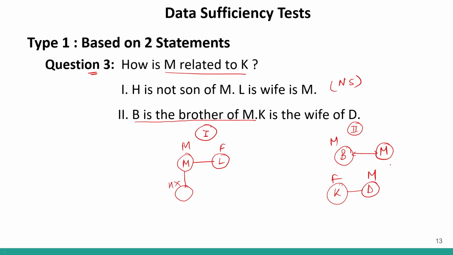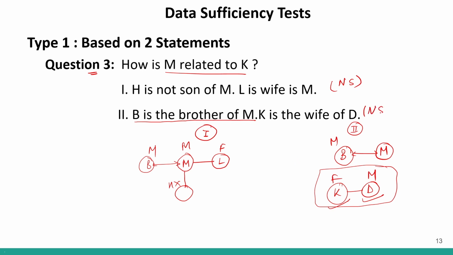K is the wife of D. Okay. Now let me combine both the statements. So if I combine over here, I can just combine this much, that B will be over here. B will be the brother of M. Correct? H is not the son of M. But whether K is the son of M or D is the son of M, this we don't know. So this much information, even by combining both the statements, I cannot figure out.